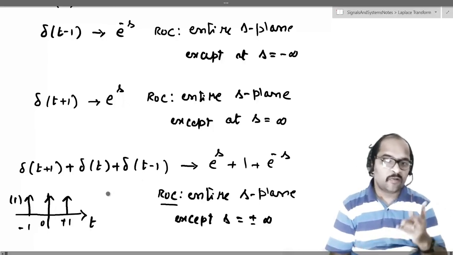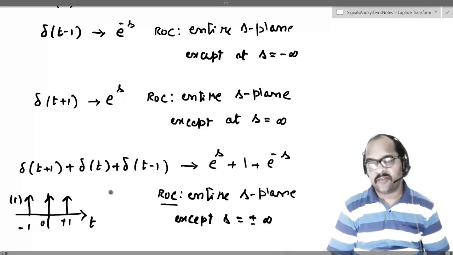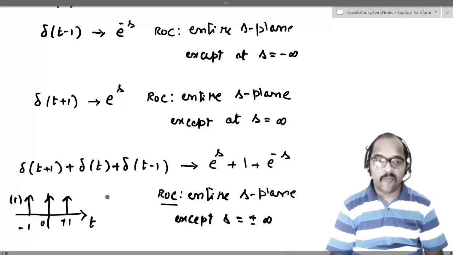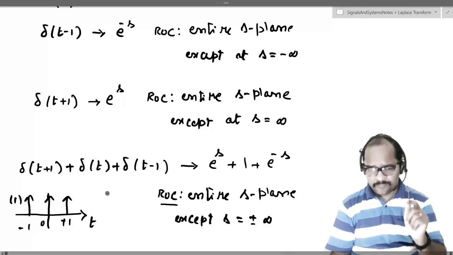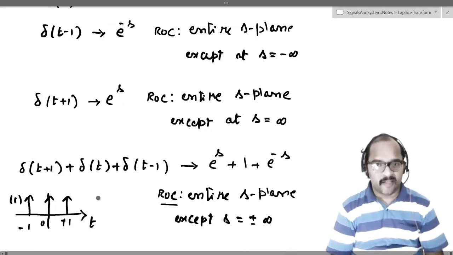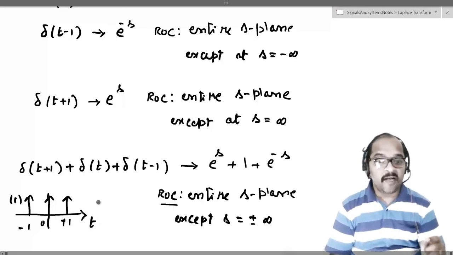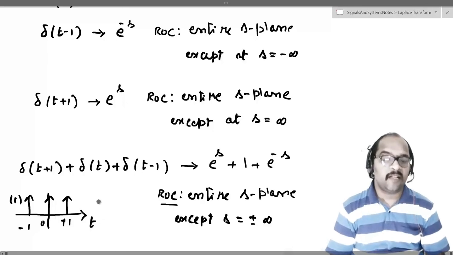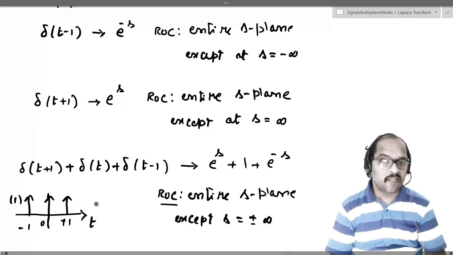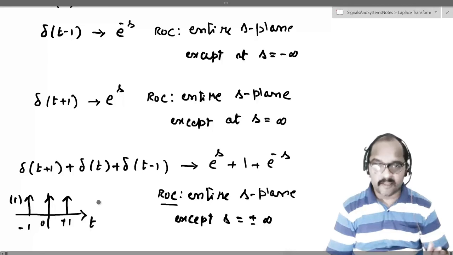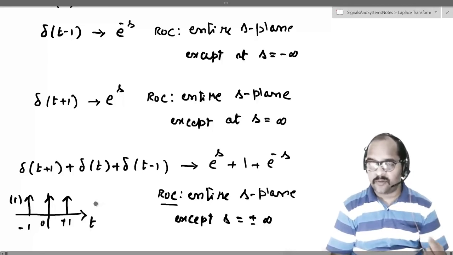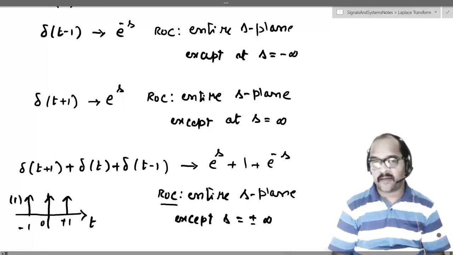If you integrate throughout, you get 1 plus 1 plus 1, which equals 3, a finite value. So if x of t is of finite duration and absolutely integrable, then ROC of X of s is the entire S plane, maybe excluding s equal to plus or minus infinity.